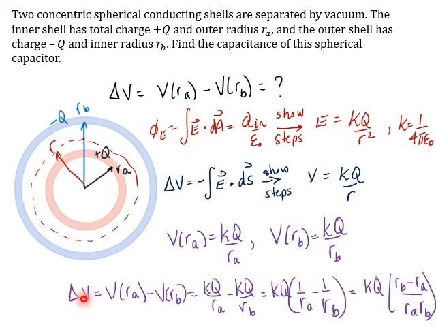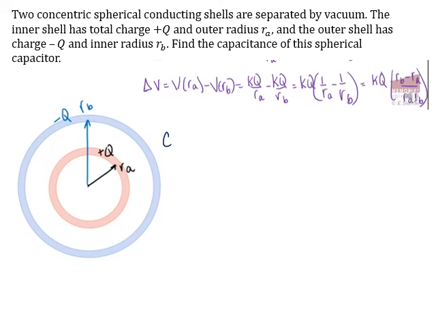We can use this now in our equation for capacitance and find the capacitance of this structure. Let's find our capacitance now. It's the charge divided by delta V. So that's our charge divided by K, remember, K is 1 over 4 pi epsilon naught, times Q times RB subtract RA divided by RA times RB. Okay, there's everything filled in.